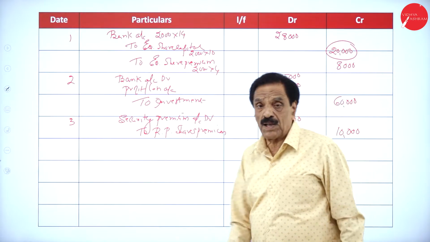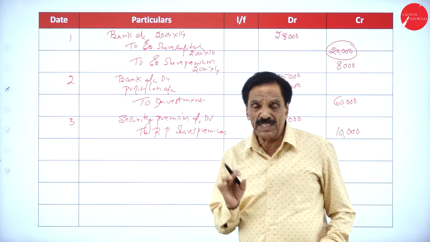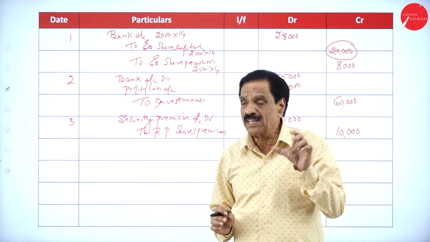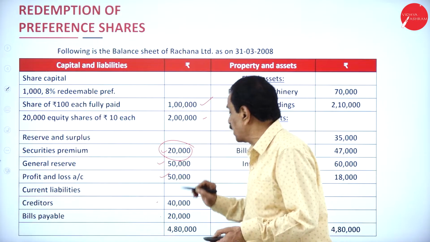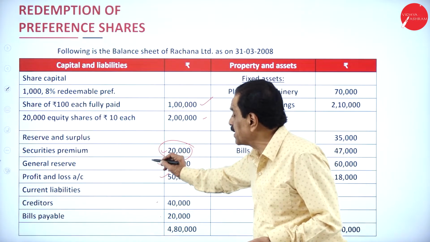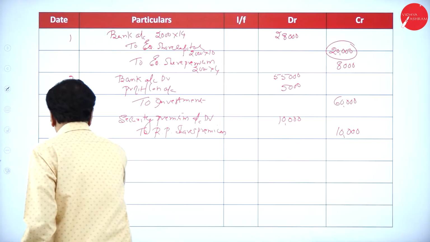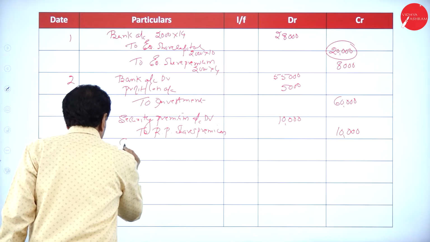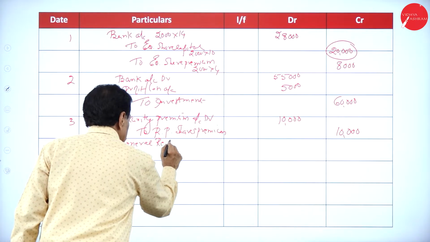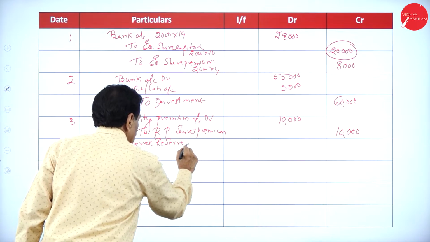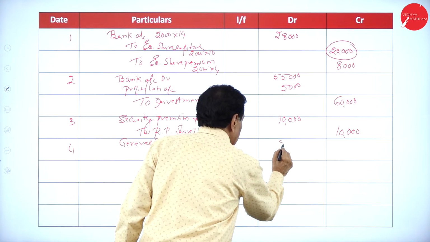Now what's your face value? 1 lakh. How much available? You got 20,000. How much shortage? 80,000. In your reserve you got 50,000. P&L account 50,000. You can utilize reserve and profit and loss account. Here, fourth entry. General reserve account debit 50,000.